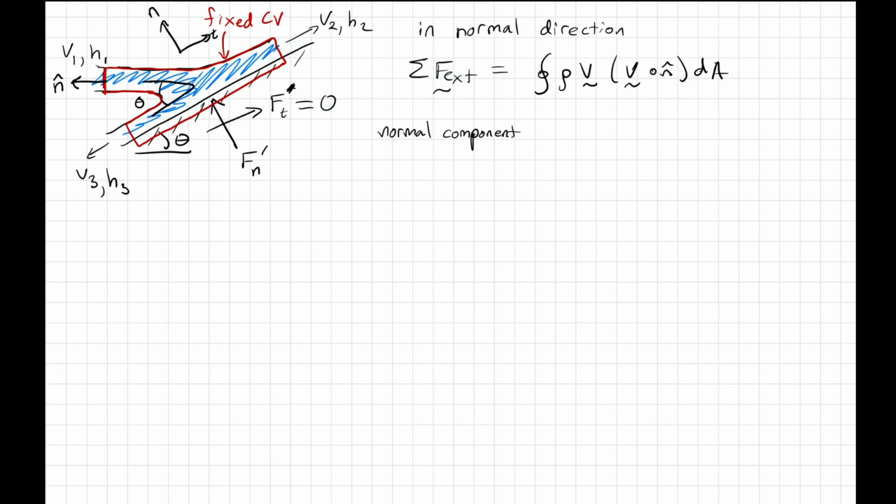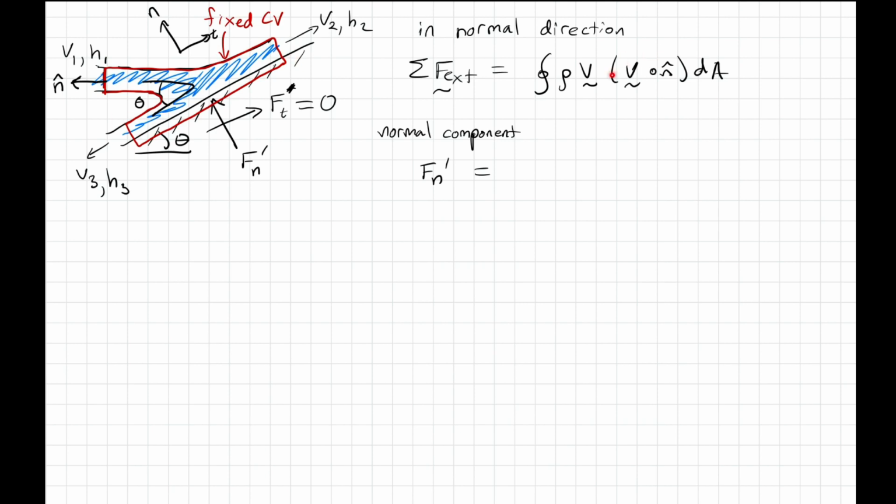In that case, our external force is just the normal force acting on the bottom of the plate, equal to the sum of the fluxes coming into our various surfaces. So we've got fluxes here, here, and here.